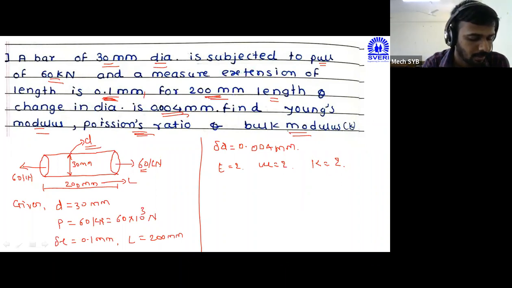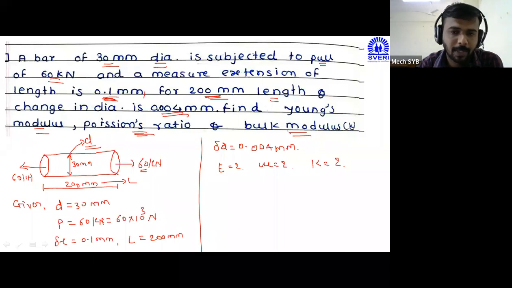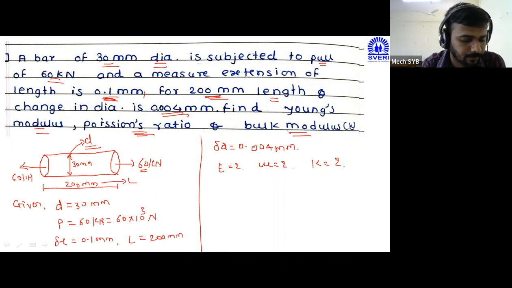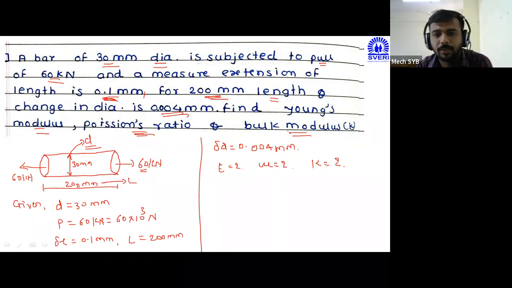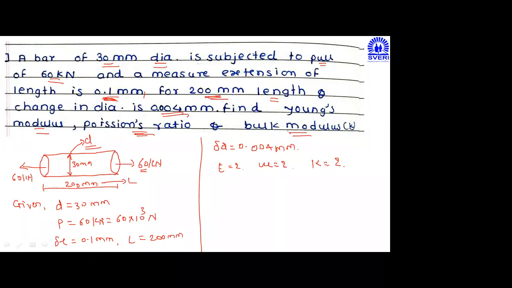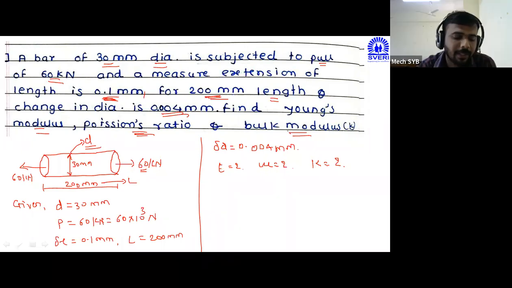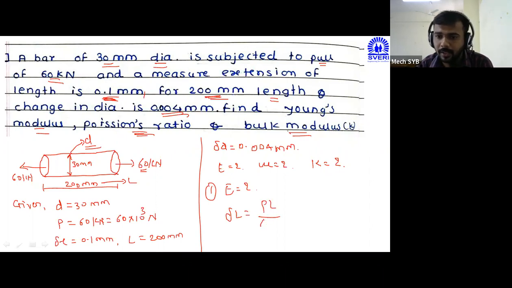Now which formula we have to use for the first parameter calculation? If I have to calculate the capital E, which change parameter we have to use? Here change in length is given, delta L is given. Can we use the delta L formula for our further calculation? Think about that. If I will write the first, E we have to calculate, and for the calculation of E, the formula is delta L is equal to PL upon AE.